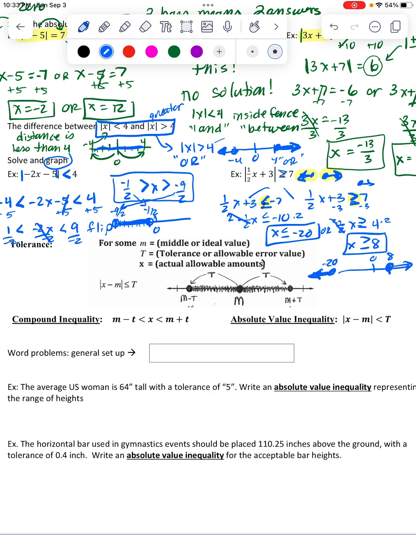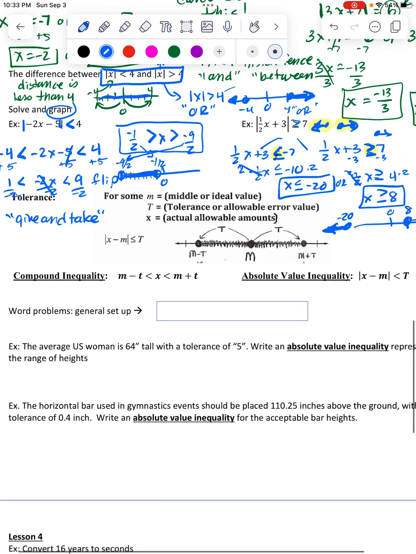This next thing is tolerance. Tolerance in math is kind of giving you a little buffer zone, a little bit of give and take. And so this is our formula, and you can see why we're studying it right now. M is going to be the middle, your ideal value, the normal value, whatever they want to call it.